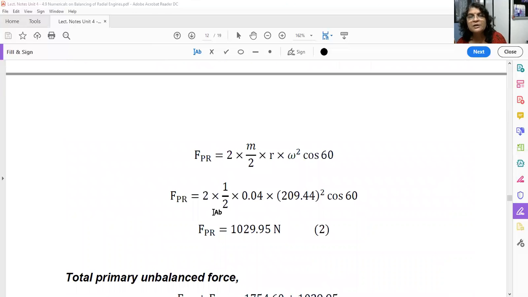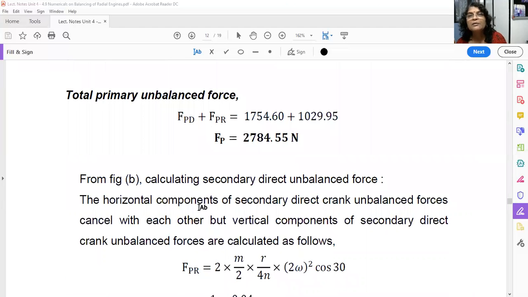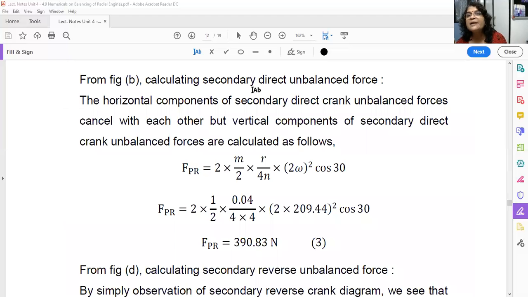See, this is calculating the secondary direct unbalanced force. Okay. There are vertical components now. The horizontal components of secondary direct crank unbalanced forces cancel with each other, but vertical components of secondary direct crank unbalanced forces are calculated as follows. So there are two components. So 2, and what is the magnitude?